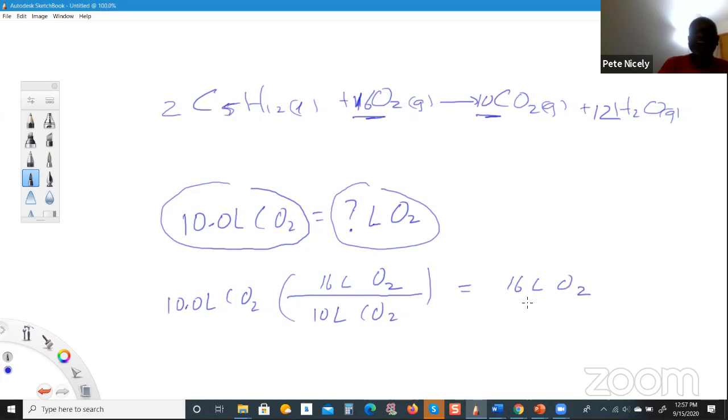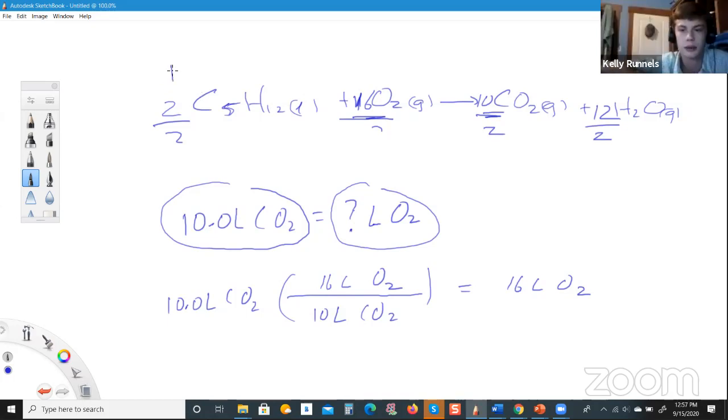And I just realized something. You could have actually divided all these numbers by 2 to get simpler coefficients, so this is 1, this is 8, this is 5, and this is 6.